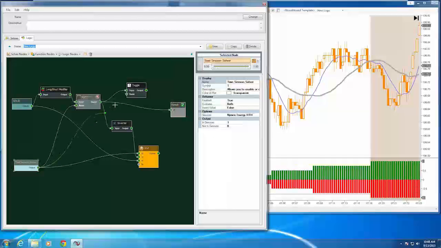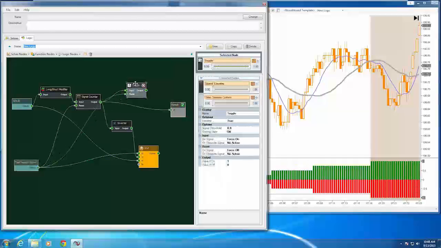Okay, so let's throw this in the reset. I'm going to anchor it so that when it goes off, I want it to reset to off.